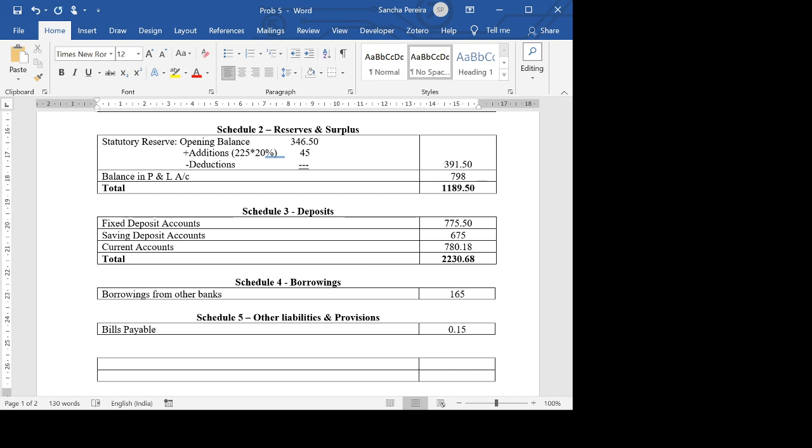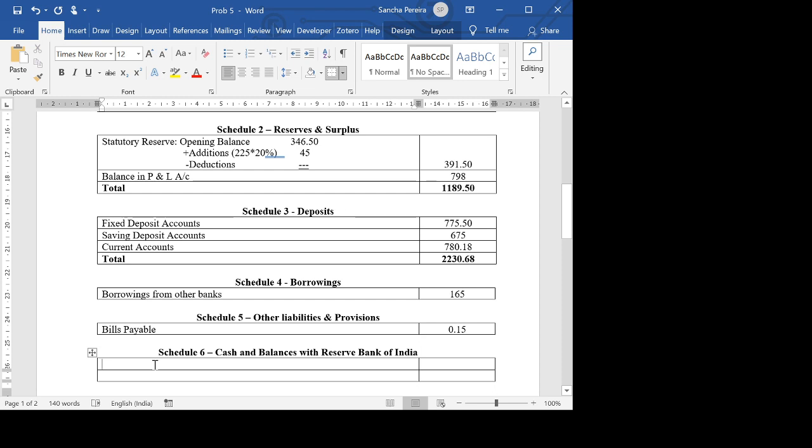Next, we go to Schedule 6. Now, what is Schedule 6? You can check your format. It's cash and balances with RBI. Please write the full form, Reserve Bank of India. I think we have two amounts here.